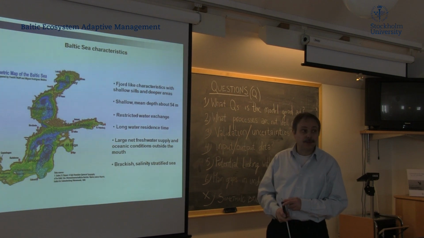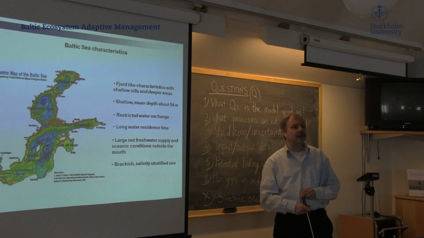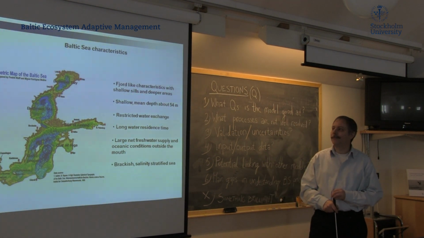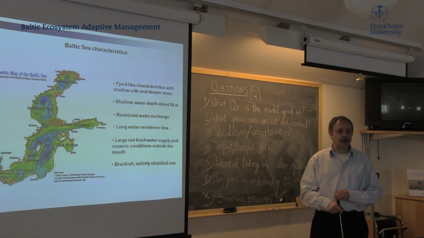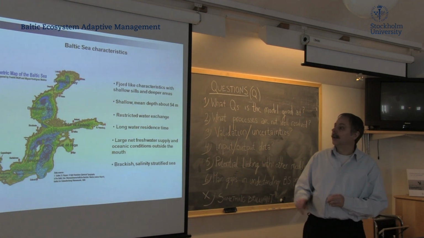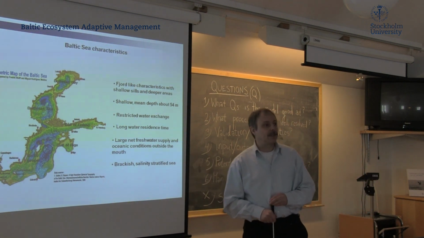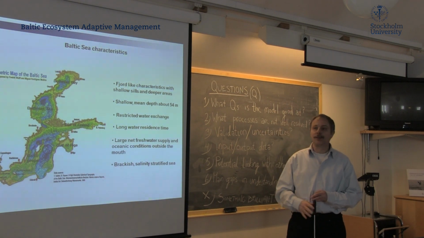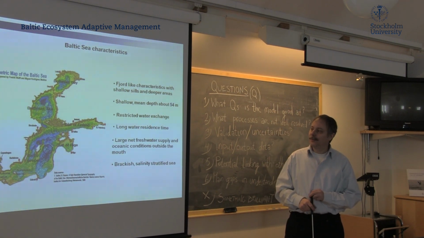Although the Baltic Sea is not an estuary, it has an estuarine-like circulation. But it's not an estuary in the classical definition because it's not two-dimensional. It's large enough that the Coriolis force plays a role, so that the wind-driven circulation overlays the estuarine circulation.